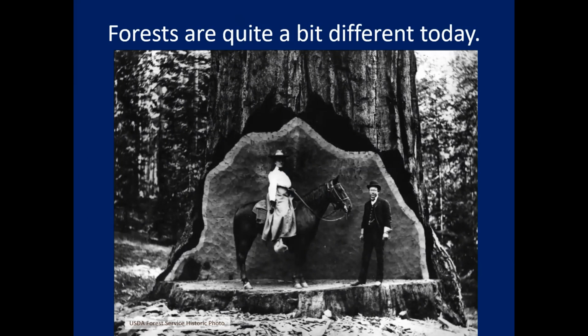Our forests are a lot different than they were at the turn of the century, the mid to late 1800s. You take a look at that and you think about how our forests are a lot different. What were they like back before population really started growing in the Pacific Northwest?